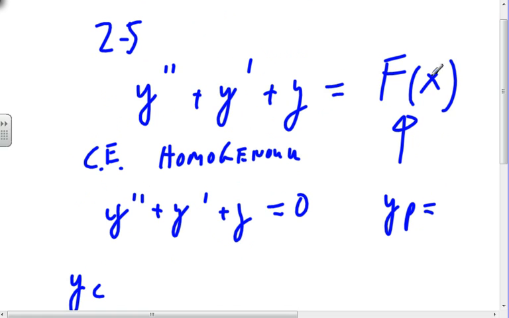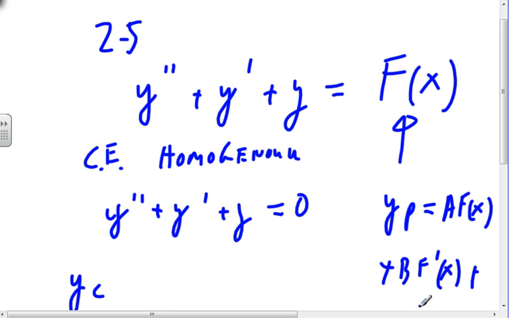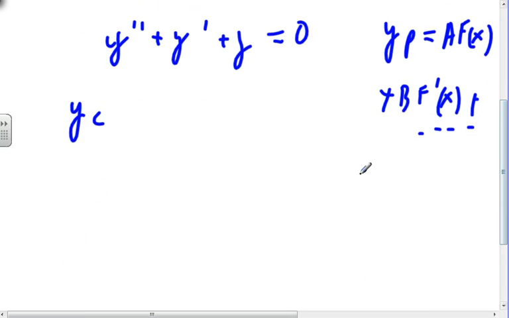So we get the homogeneous solution, and then we go back and we look at a particular solution, y sub p. Y sub p is going to be the forcing function plus the derivatives of the forcing function until I run out of them, and each of them is going to have a constant in front of it. So I'm going to have a f of x plus b f prime of x plus and so on. Then I'm going to solve for a, b, and c, and when I do, I will have y sub p, my particular solution.